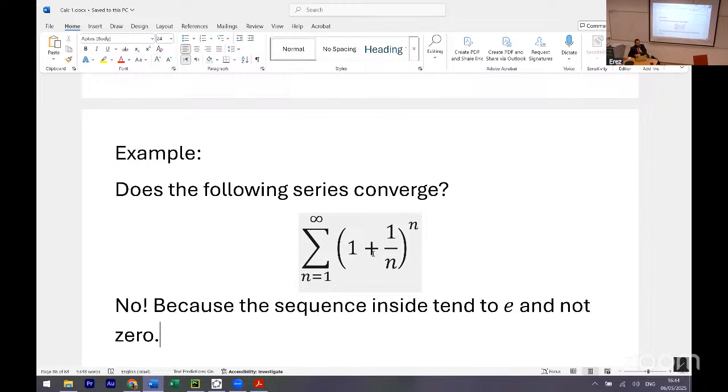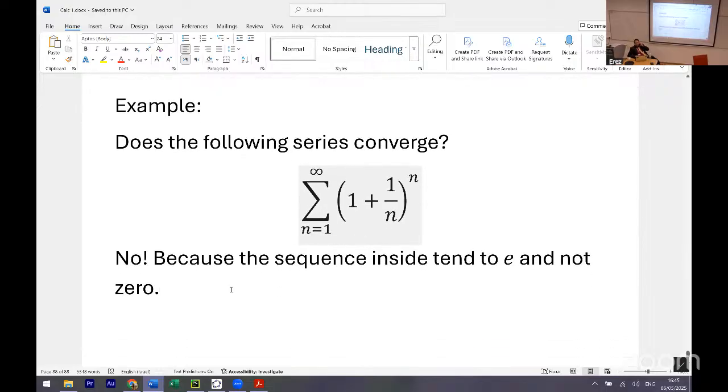But I will tell you, this should be the first thing you think of. The first thing is to find out the limit of the elements. If it's not 0, I'm done. If it is 0, I'm just starting, because the sum of infinite numbers could be infinity or not. And let's see that in a few seconds.